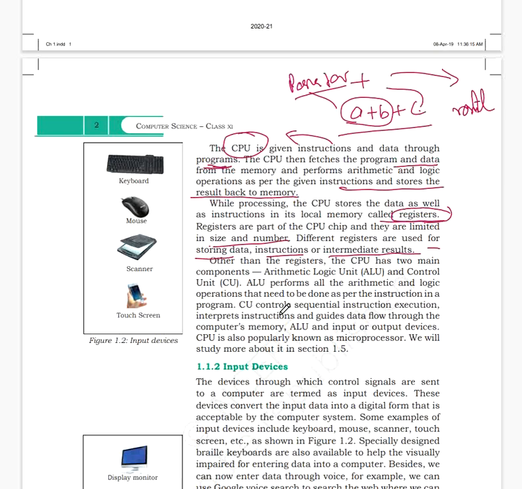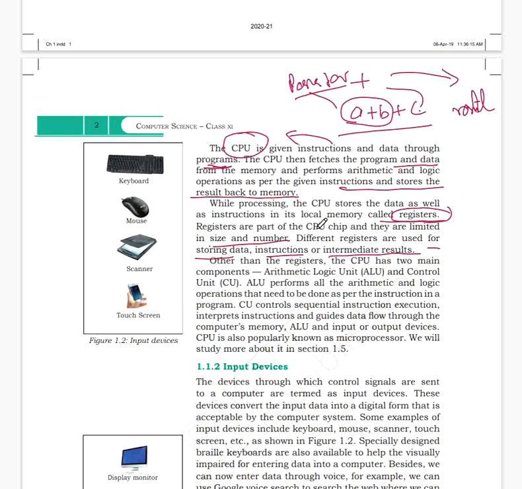The control unit controls the sequential instruction execution. A number of instructions are requesting CPU resources, and the CPU can execute only one instruction at a time.